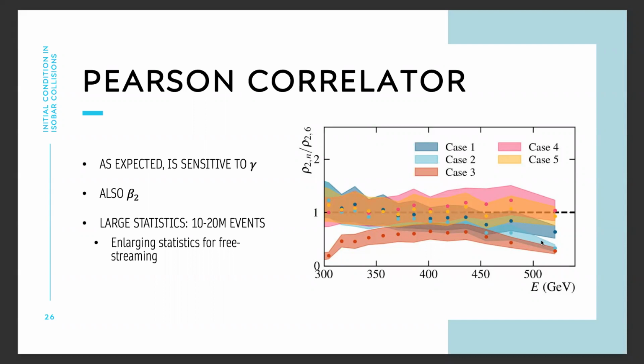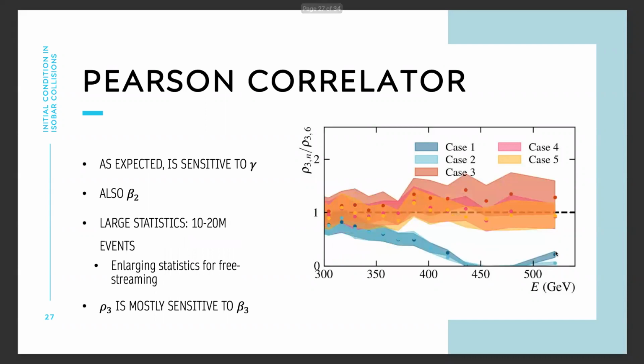So it is also sensitive to beta 2. There is a large jump from the red one to the magenta one. And for completeness, I also did it for the HO3. For HO3, the main difference will be at beta 3 as expected. There is an effect for gamma, but it's not very large either.